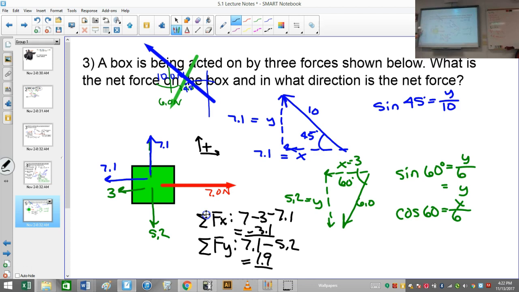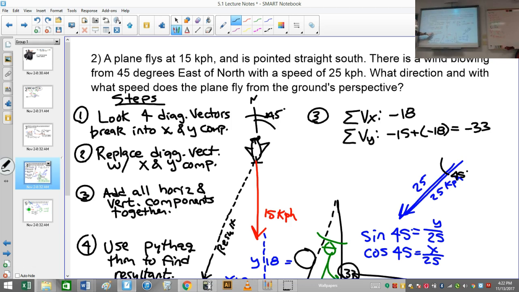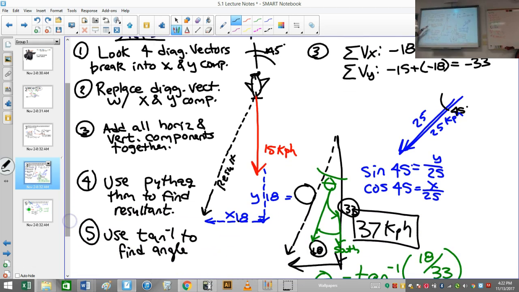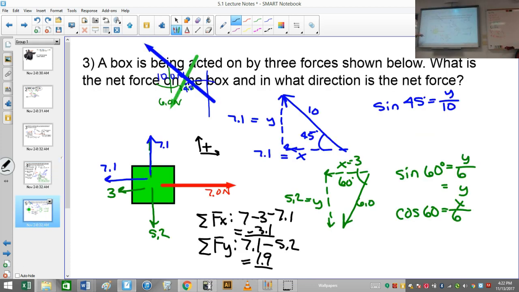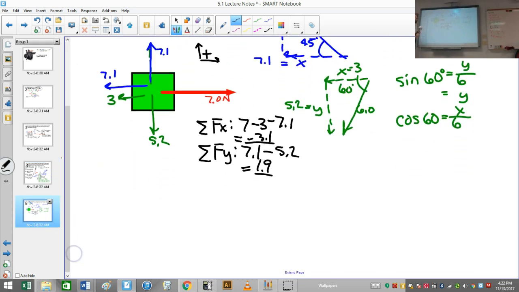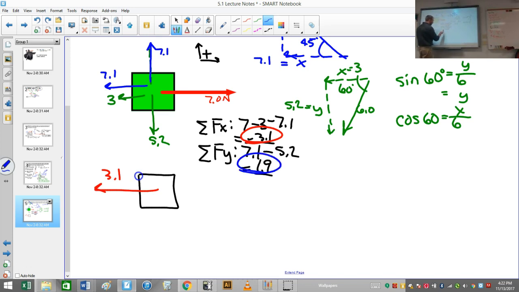So I've just added all the horizontal and vertical components together. Step 4, use the Pythagorean theorem to find the resultant. So now I've got my box here, and my box is being pulled left at 3.1, and it's being pulled up at 1.9.